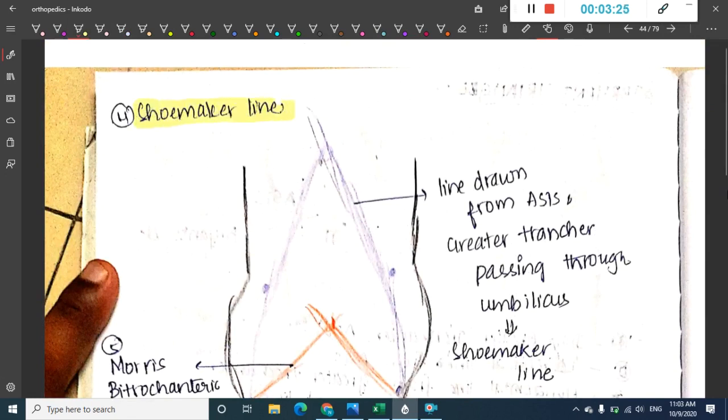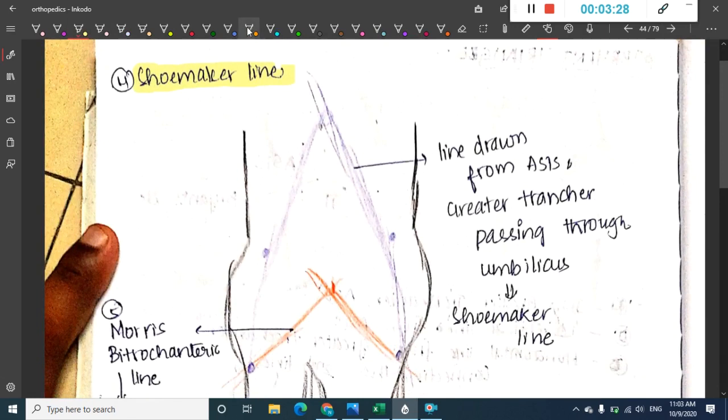Now we have one more line which is called Shoemaker's line. This Shoemaker's line is almost similar to the previous one. Here this is the anterior superior iliac spine, and this is the greater trochanter. Similarly on the other side. You draw a similar line joining the anterior superior iliac spine with the greater trochanter on both sides.